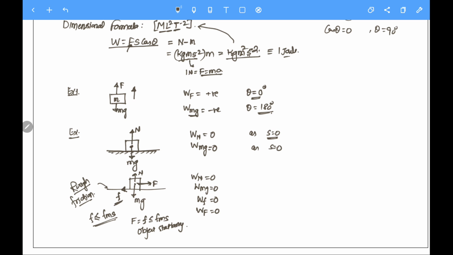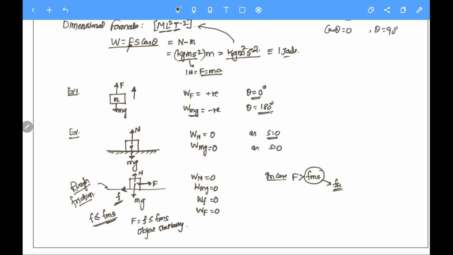Now we further increase the force and a situation comes when force becomes greater than FMS. In case the external force becomes greater than FMS, then this FMS, maximum static friction force, is now replaced by the kinetic friction force and the body starts to move in the direction of the force.